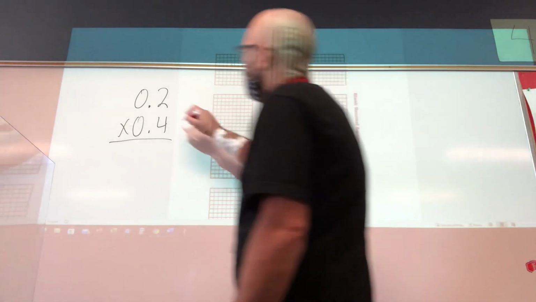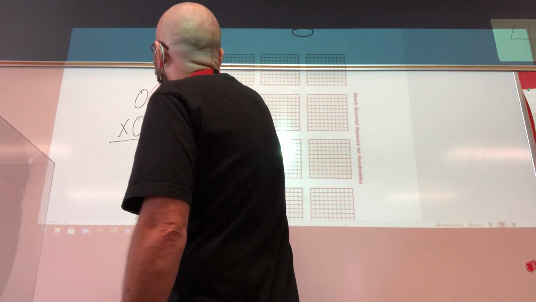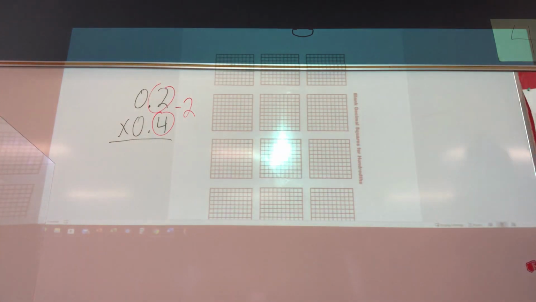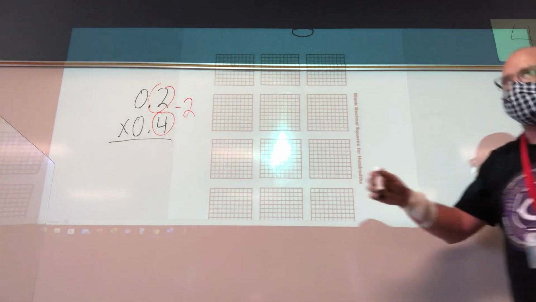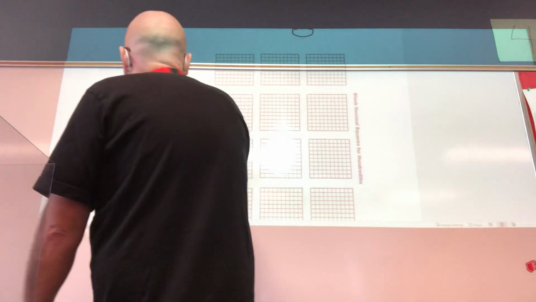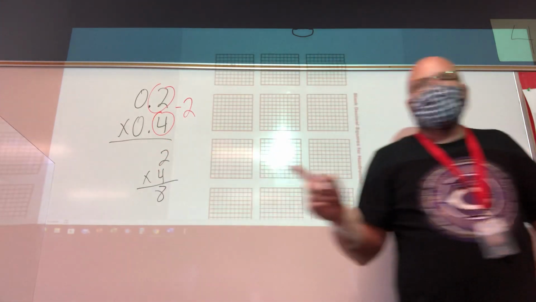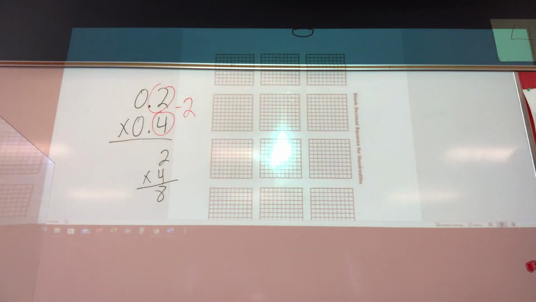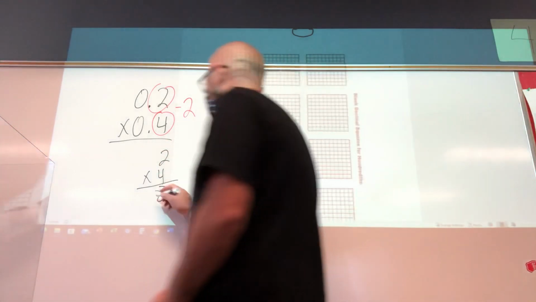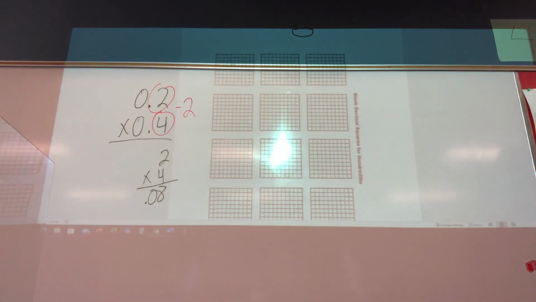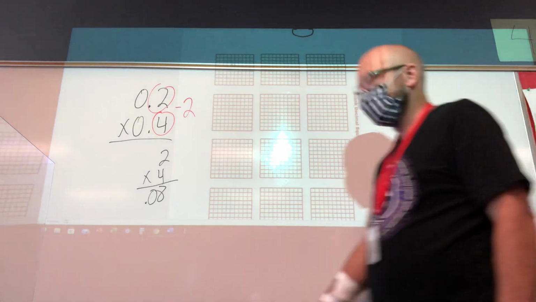The 4 and the 2. There are 2 numbers behind the decimal point in the problem. There have to be 2 numbers behind it in the answer. Then I rewrite it. 2 times 4, which is 8. There has to be 2 behind it in the answer. 0.08. Oh my gosh, I'm so smart.